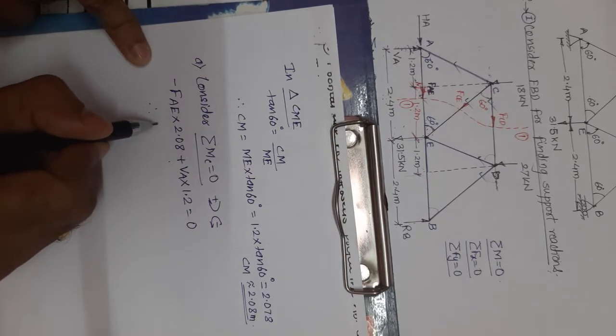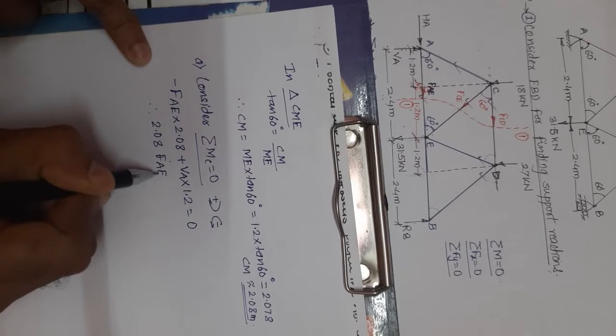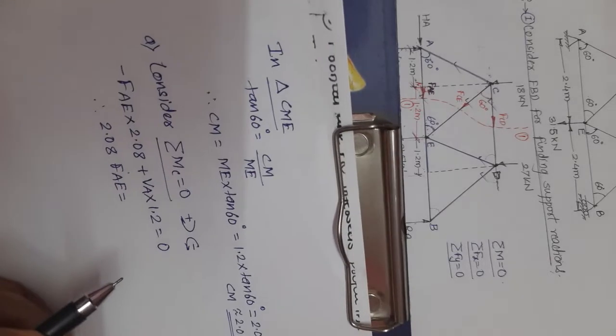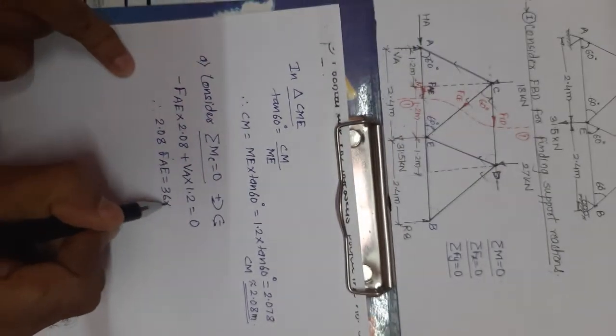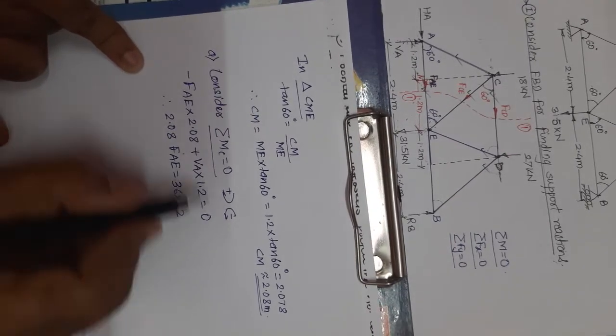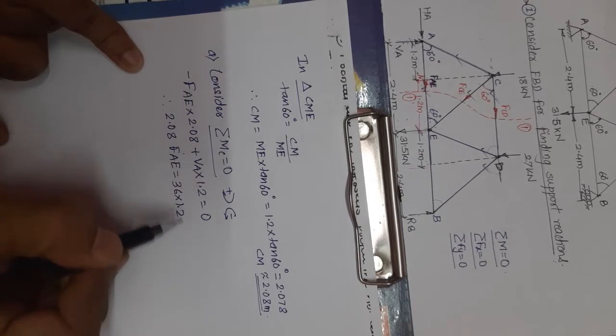So let us get 2.08 FAE is equal to VA into 1.2. What is the value of VA? 36. 36 multiplied by 1.2. Okay, we have taken this on this side, so this remains as it is, VA into 1.2 as it is.